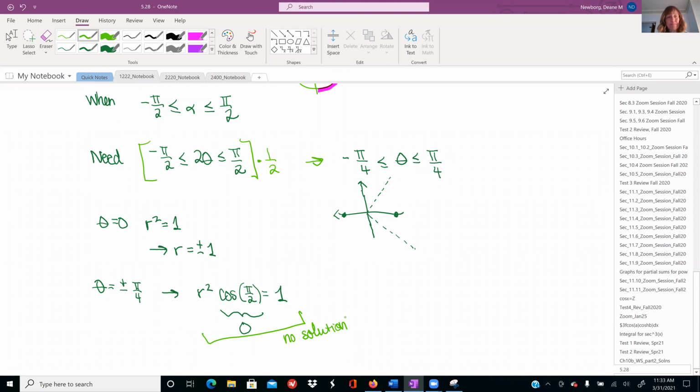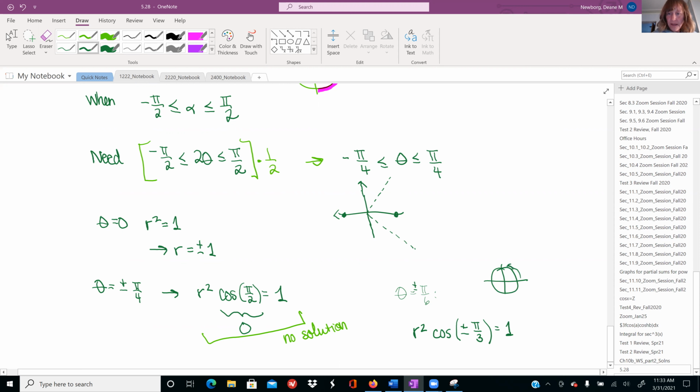Okay, so maybe I'll try pi over 6. So I get r squared, and it could be plus or minus. r squared cosine 2 times pi over 6 would be pi over 3. Cosine of pi over 3 is a half.